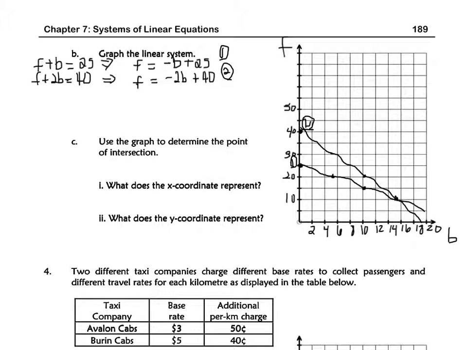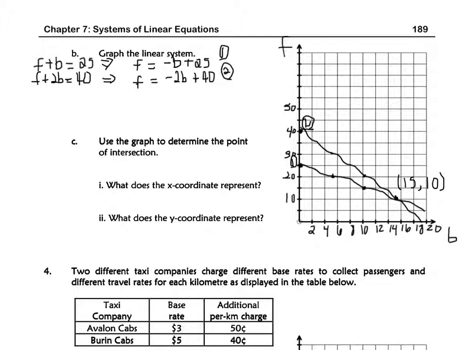So question C asks you to use the graph to determine the point of intersection, and our point of intersection appears to have coordinates of 15 and 10. So the 15 would be, in this case, our x's are B values, and our y's are actually F values. So our coordinate for B would be 15, and our coordinate for F would be 10.